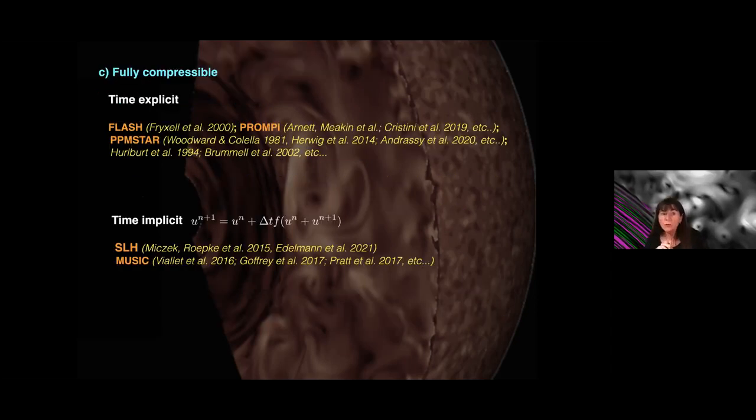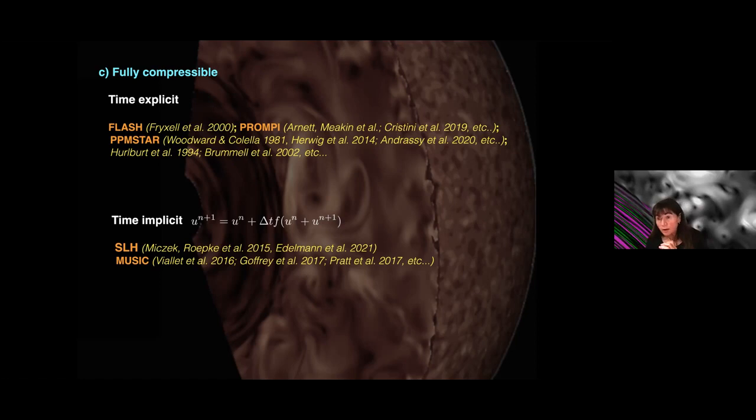Then you can solve the fully compressible equations using a time explicit integration, and I've put here some codes like Flash, PROMPI, and PPMstar, but there have also been other important works in the field based on codes which have no name, but are also very important, by Nick Bruno and Hurlburt.